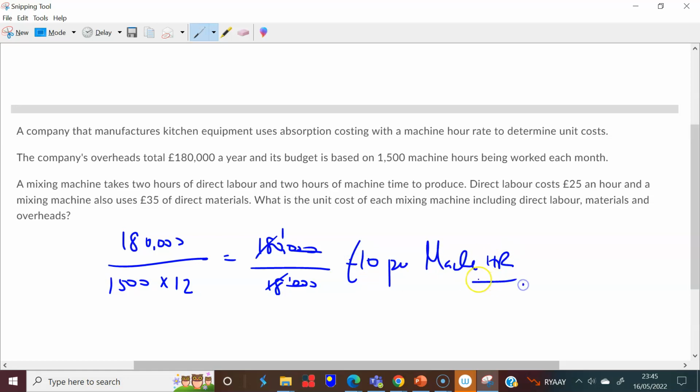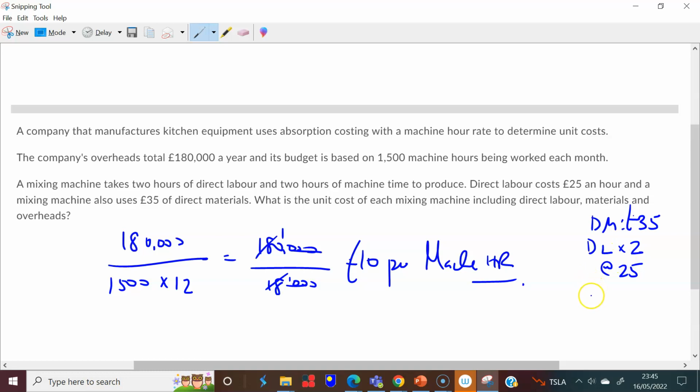Great. So it says the mixing machine takes 2 hours of direct labor, at £25 an hour. You also have direct materials of £35, right?